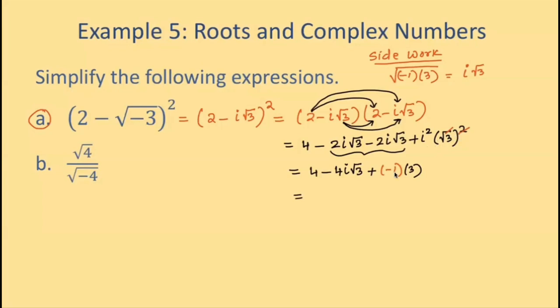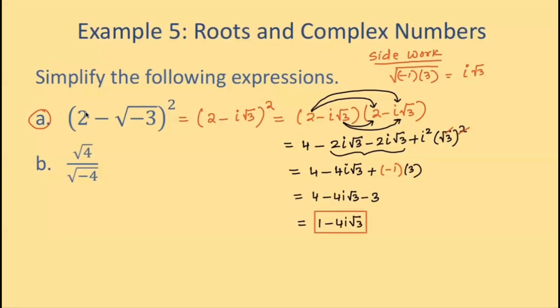Now I see. Okay, so we have 4 minus 4I root 3, 1 times 3, but negative is there, so minus 3. So what we end up getting is 4 minus 3, which is 1, minus 4I root 3.